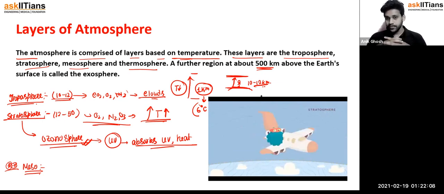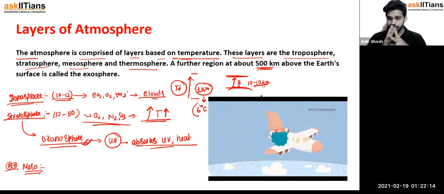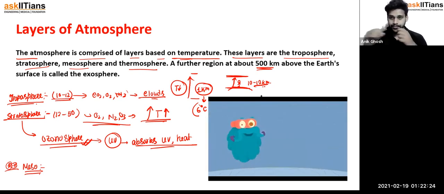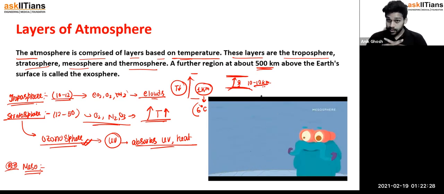In the stratosphere only, airplanes fly. That is 12 to 50 kilometers. Now there comes the mesosphere, where all the meteors burn upon entry. You can see that.